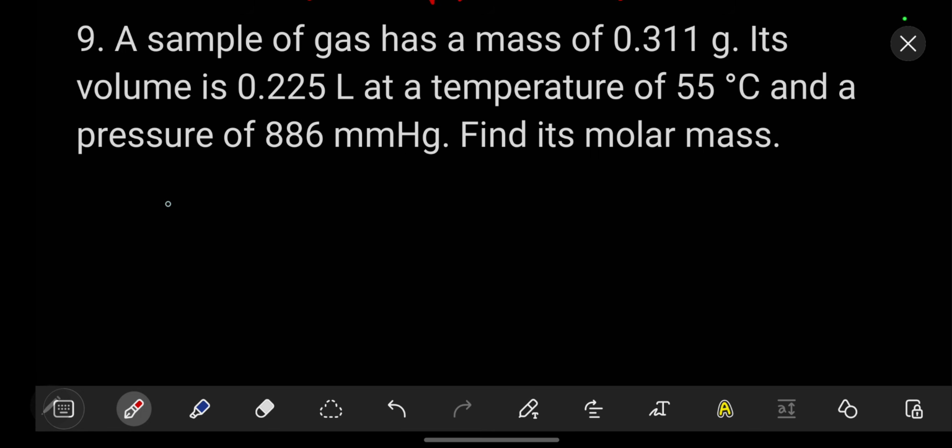We know this is the ideal gas equation, and from it we have PV equal to nRT. Provided with that, we need to find a way of incorporating the molar mass.